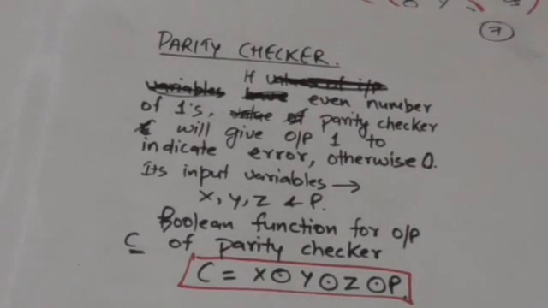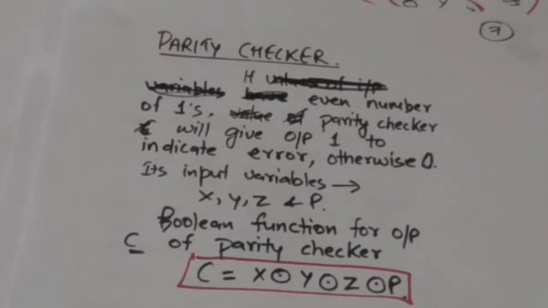P is the parity bit and x, y and z denote the bits of message. Now, if the number of ones in the message is even, then the parity checker should give output 1.